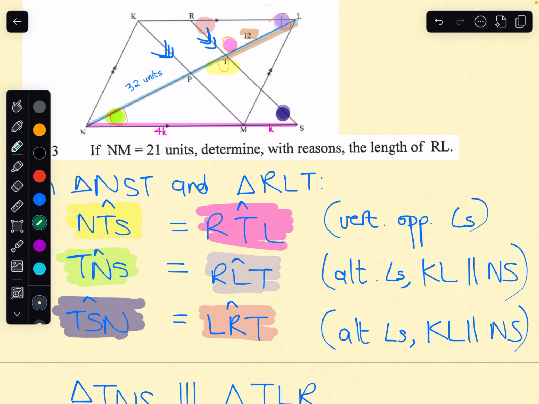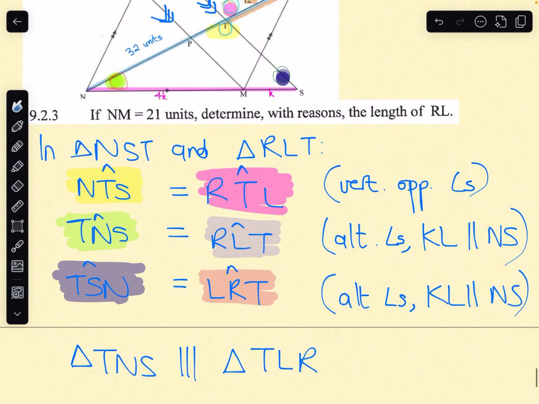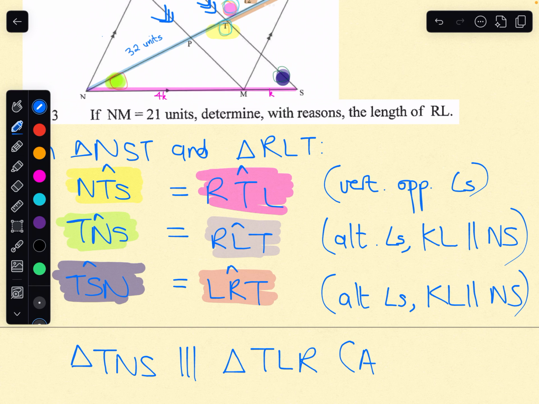And the reason here is angle, angle, angle.